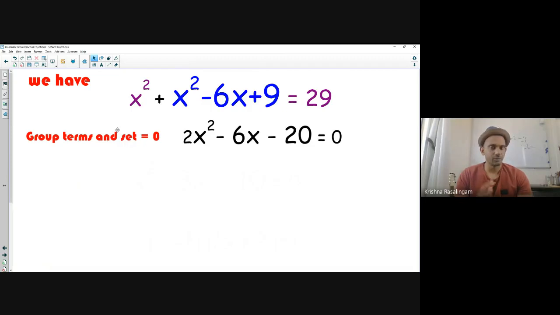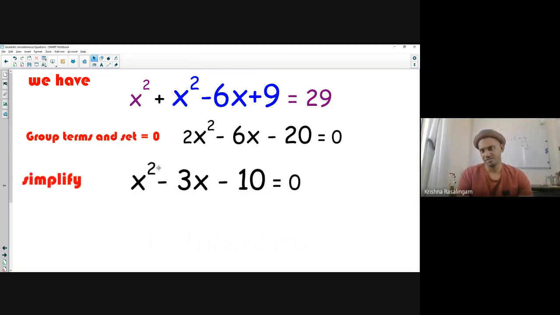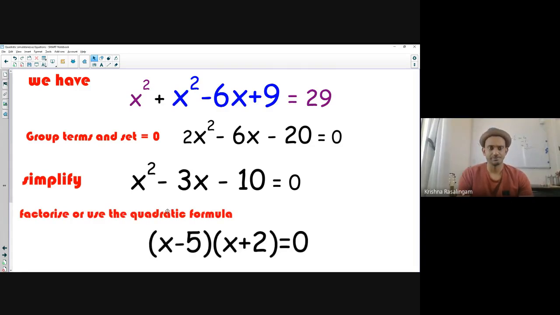If we were using a formula, A would be 2, B would be -6, and C would be -20. We don't need the formula because we can see there's a common factor of 2, so we can halve everything. We halve everything, we get this, and that will factorise as so. Once we factorised it, we know x must be 5 and x is -2.